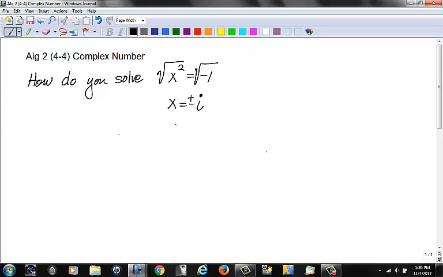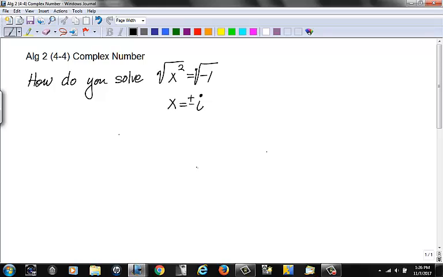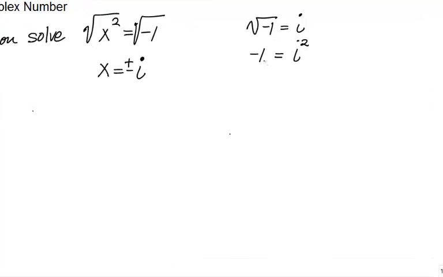This goes way back in math, all the way back to the 1500s. And there's a pattern. The square root of -1 is defined to be i, so if you square both sides of that, i squared is -1.